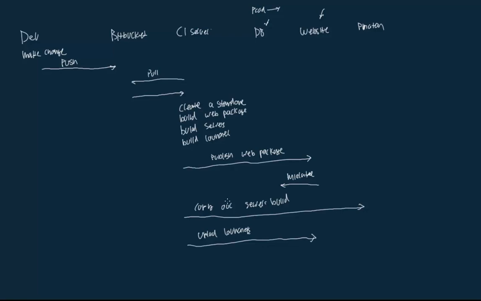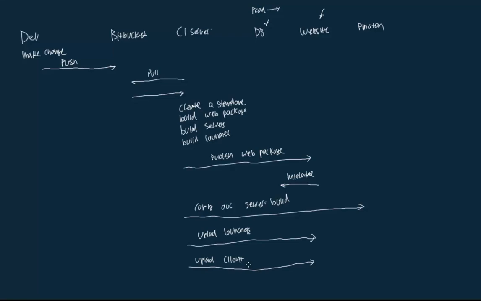The final thing that the CI server will do is upload the client. So that means that the next time the launcher requests the latest version of a client, it'll receive that data from the website and it'll know how to download it.